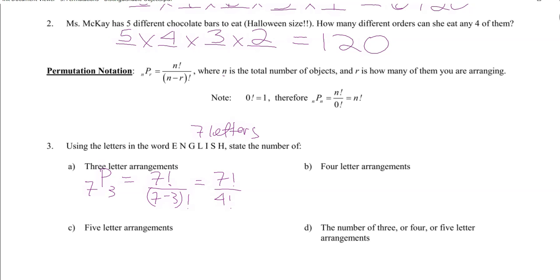And we said yesterday we know what to do with that. I can expand the 7 factorial, get 7 times 6 times 5 times 4, and stop there, because on the bottom we have 4 factorial. So it's going to be 7 times 6 times 5, which is 210. And that's the one time we're going to work it out the long, painful way.